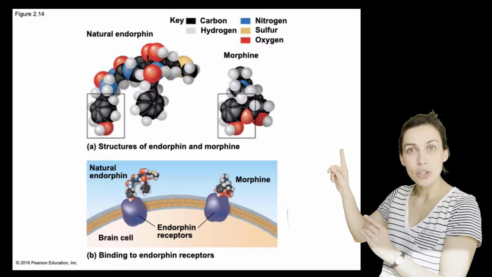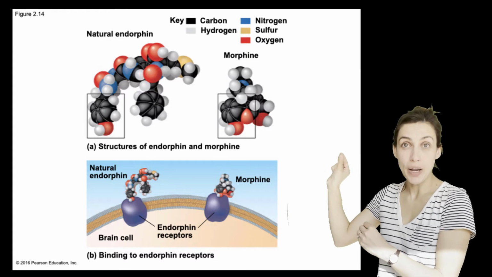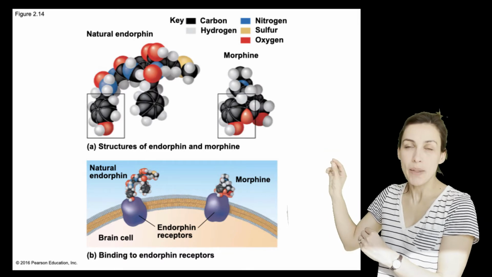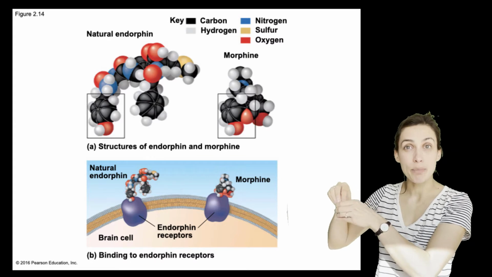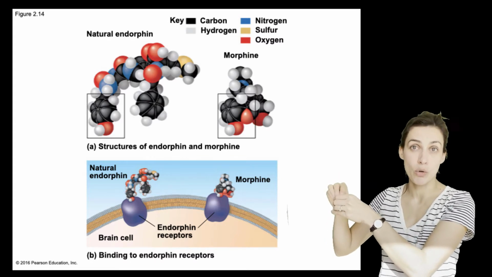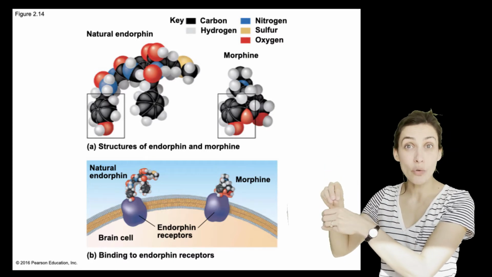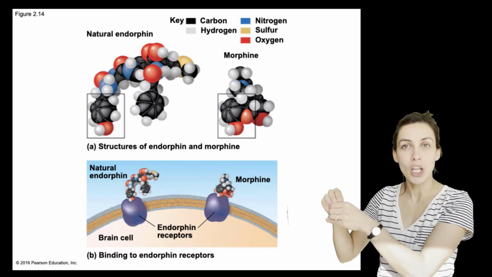Well, a molecule of morphine happens to have a very similarly shaped end part. So when it's floating around and bumps into that protein receptor, the purple thing on the surface of your brain cell, it also fits well enough, like a key into a lock.